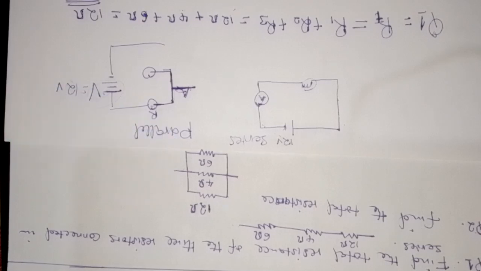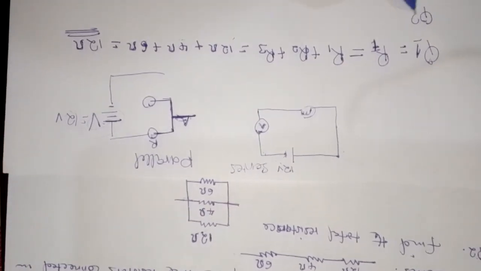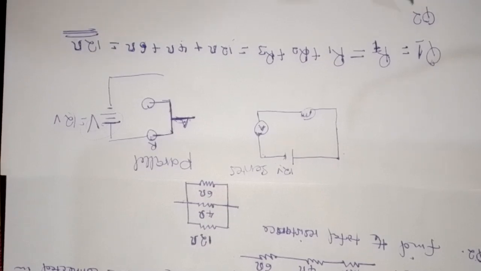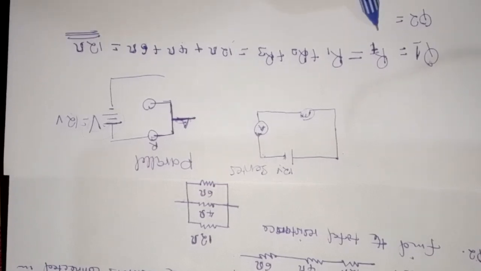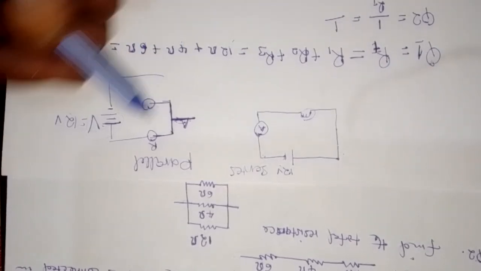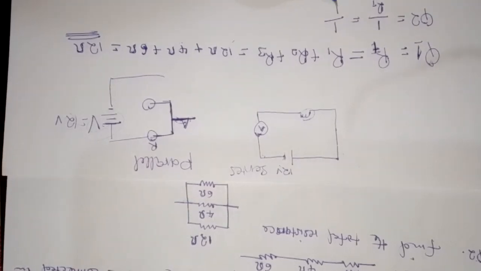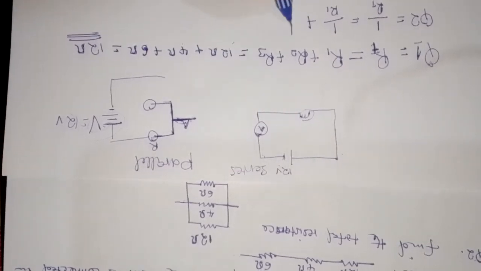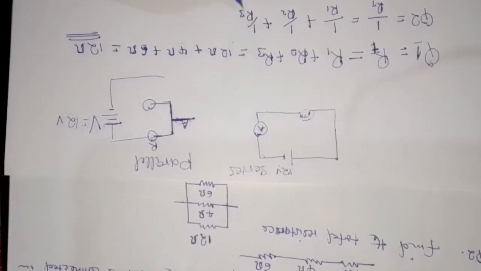So the formula we use to find the total resistance in parallel is 1 over total resistance equals 1 over resistance 1 plus 1 over resistance 2 plus 1 over resistance 3, since we have 3 resistors.